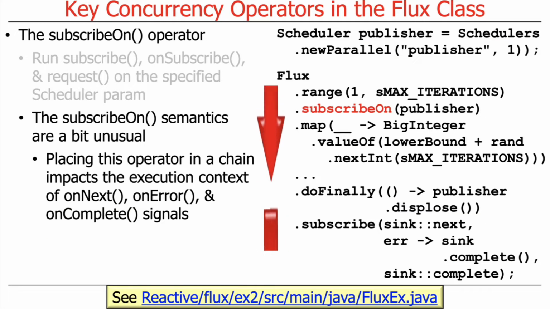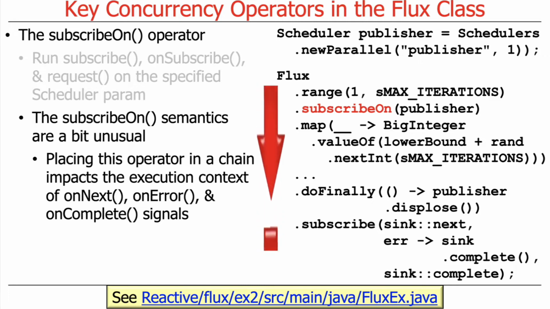In particular, where you place the subscribeOn operator in the chain doesn't really change the semantics of this, all other things being equal. Let's assume that there's no use of things like publishOn, for example. So here's an example where we're going to use subscribeOn, and it's going to generate numbers from 1 to maxIterations in a publisher thread.